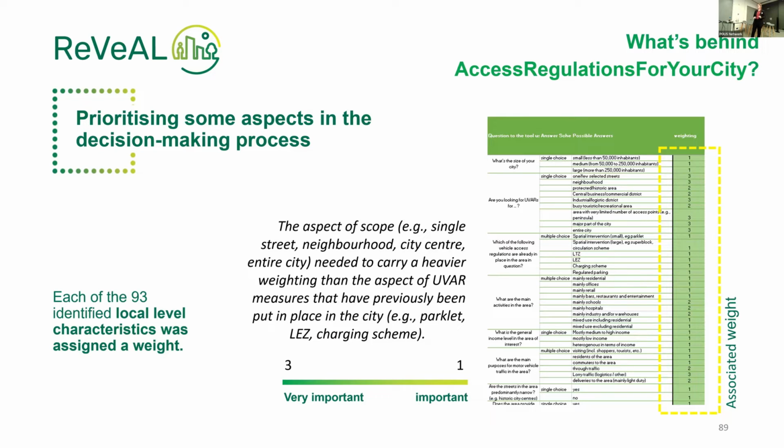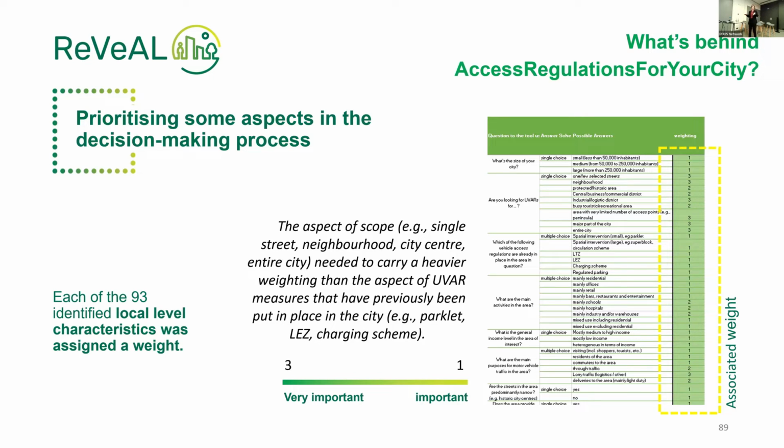After this, by looking at the results of the different pilots and the analysis of the city cases we studied, we realized that not all the aspects and characteristics have the same weight in the decision-making process. For example, the scope of the area, whether the city wants to implement a U-Bahn on a specific street or in the entire city, had a higher weight than whether the city had already implemented a parklet.